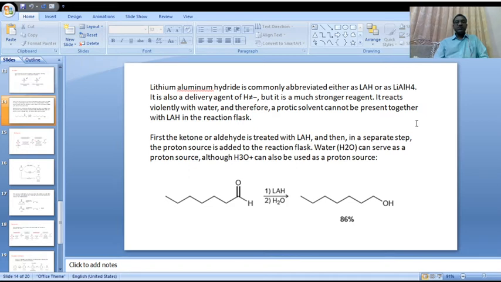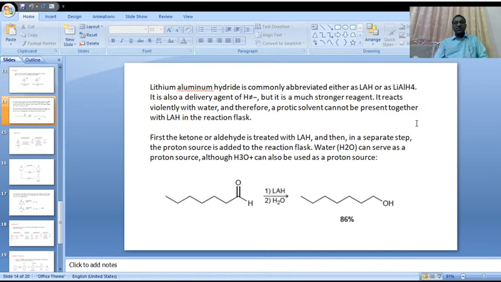It reacts violently with water. That second step of reaction with water is violent, so please concentrate: a protic solvent cannot be present together with the LAH in the reaction flask.